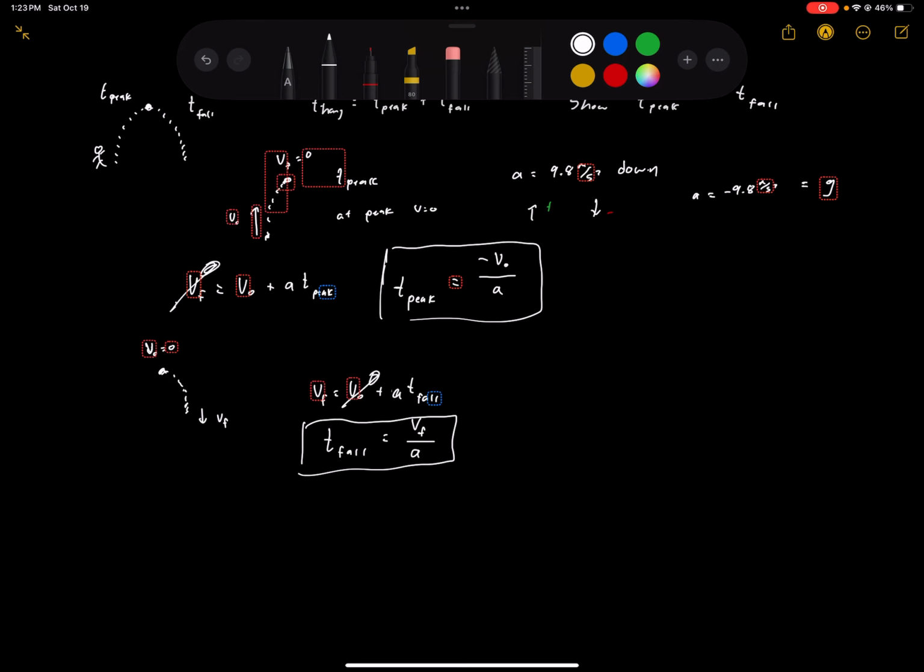The important thing to identify in order to show that these have to be equal is that we have a uniform acceleration, and the velocity equals 0 at the peak.